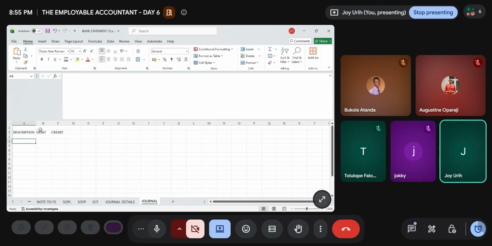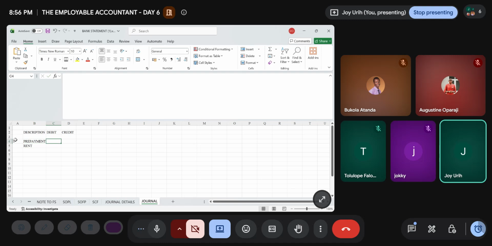So now, okay, let me create a column for numbering here. So this is our first journal. I normally like bringing the debit before the credit. So since we are debiting prepayment, I'll bring it first. Prepayment, then rent account.